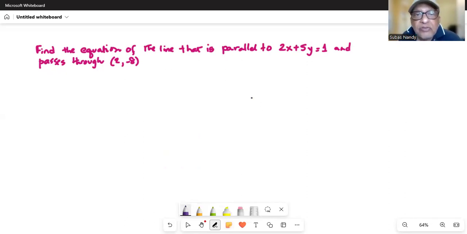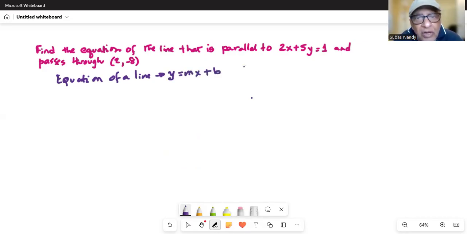So let's find the equation of a line that is parallel to 2x plus 5y equal to 1 and passes through (2, -8). As you know, the equation of a line is usually given as y equal to mx plus b, where m is the slope and b is the intercept.